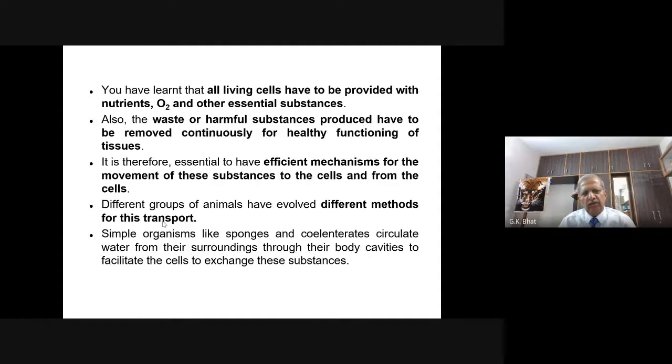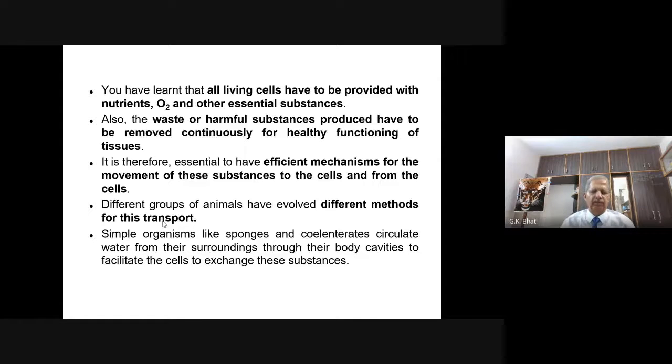This mechanism is different for different animals. Different animals have evolved different methods of transport: transport of food substances, transport of vital gases like oxygen and carbon dioxide, transport of excretory material, transport of hormones.